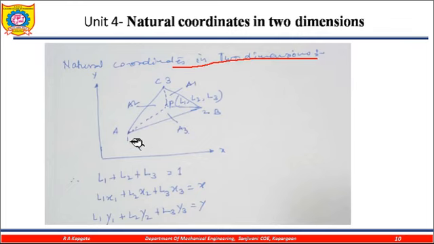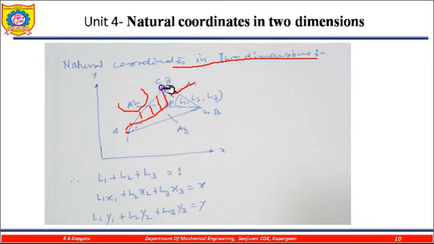Now this is the diagram, this is the triangle. Against this node 1, whatever area is available is called the A1 area. Against node 2, whatever area is available is called the A2 area.